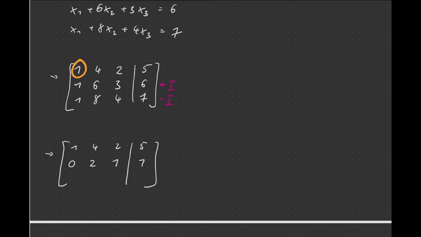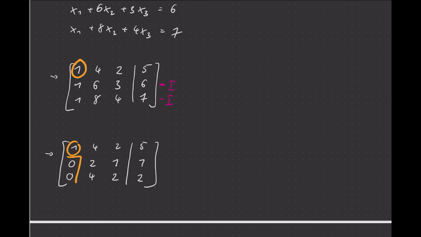And for the third row, we get 1 minus 1 is 0. 8 minus 4 is 4. 4 minus 2 is 2. And 7 minus 5 is 2. So we have obtained the first zero column here. And now we're going on with the next step.